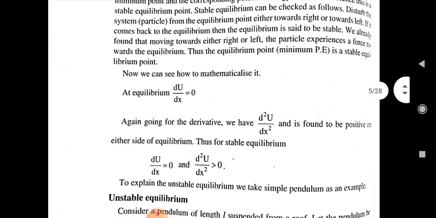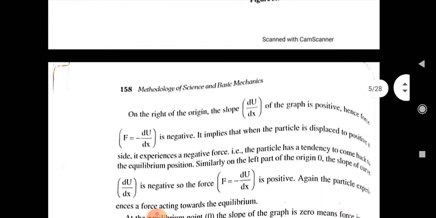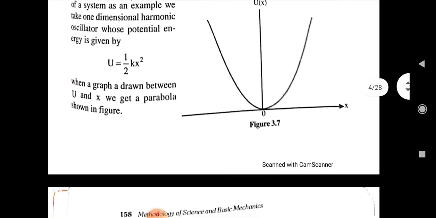Here d square u by dx square is a positive one, that is d square u by dx square is greater than 0. Towards the right and towards the left the curvature increases, for the equilibrium point or 0, any point.